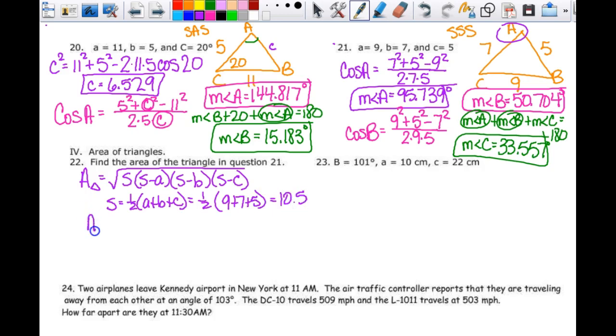So when I substitute this in, that gives me 10.5 times 10.5 minus A, which is 9, times 10.5 minus 7, times 10.5 minus 5. All right, so when I did one of these in class, we went ahead and simplified, subtracted, and then put it all in the calculator.